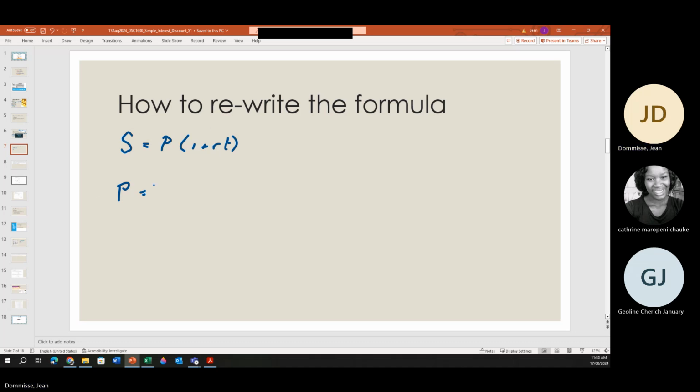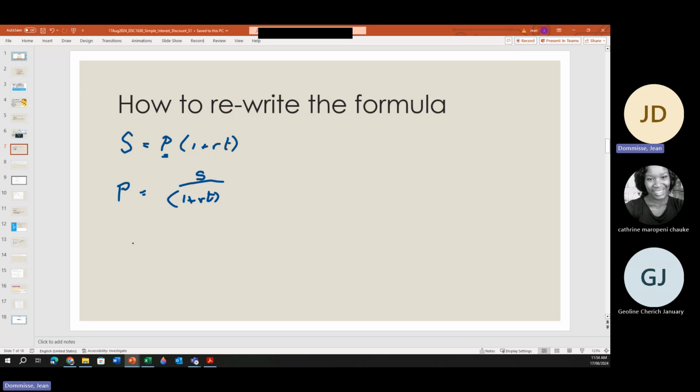Okay, so for us to work that out from the original, you can see the only thing we need to do is isolate the P. How we isolate that is to divide on both sides by 1 plus RT. Okay, so then on the right-hand side, that would have fallen away. So we sit with P is equal to S over 1 plus RT. Okay, so that is one way that we can rewrite the formula.